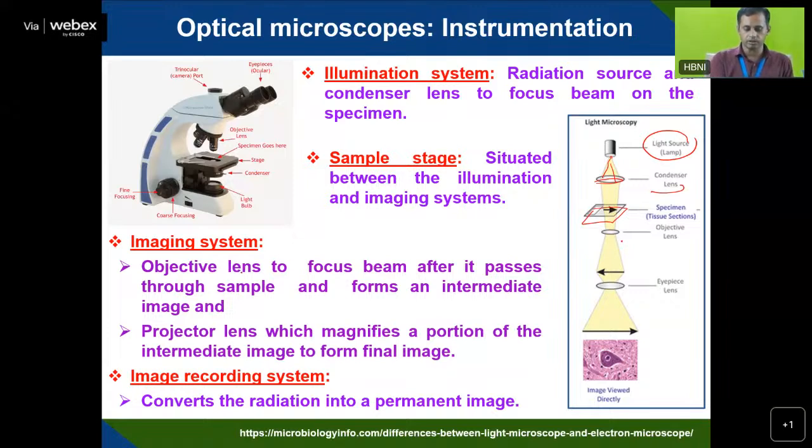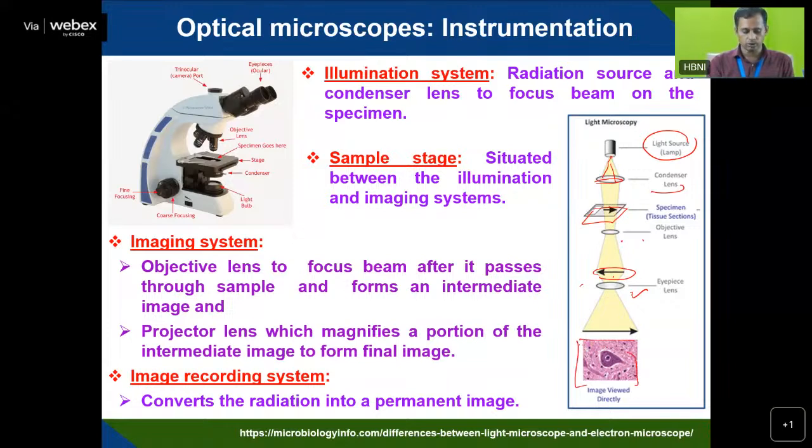The imaging part consists of an objective lens to focus the beam transmitted through the sample, and it forms an intermediate image here. That intermediate image then goes through an eyepiece, the projector lens, which magnifies the image, and you get the final image here.